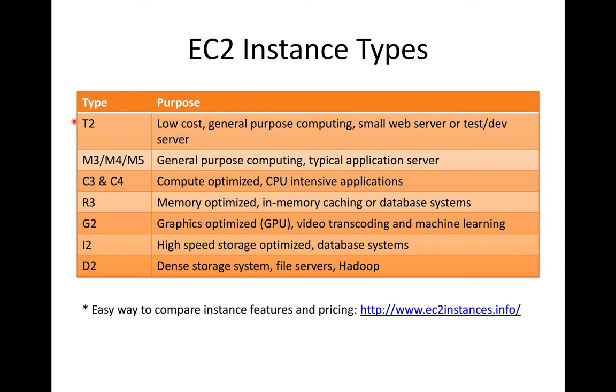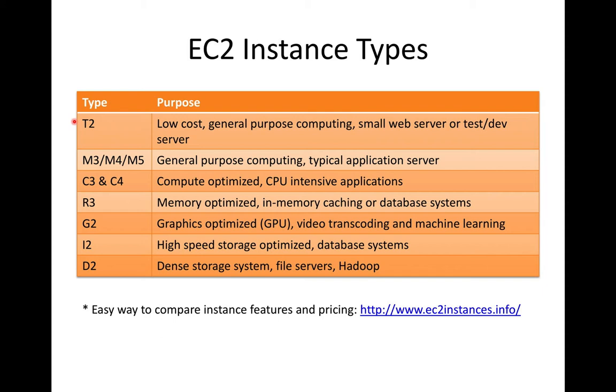We use T2 instances extensively in this course because the T2 micro instance type qualifies for the free tier within AWS. And T2 instances are just really cheap. In most cases, we don't need to use expensive instances for the projects in this course.